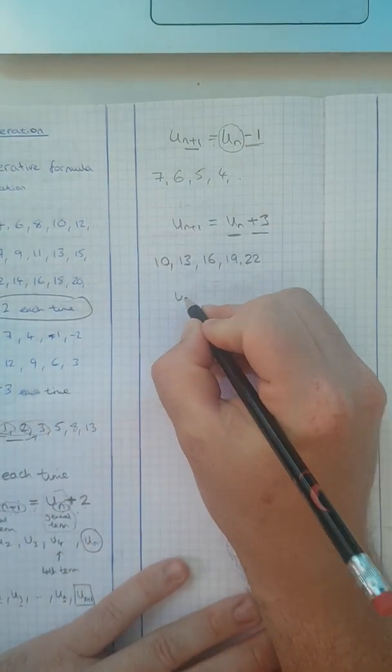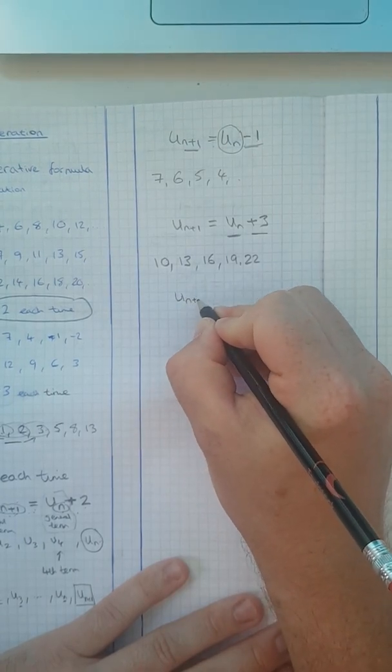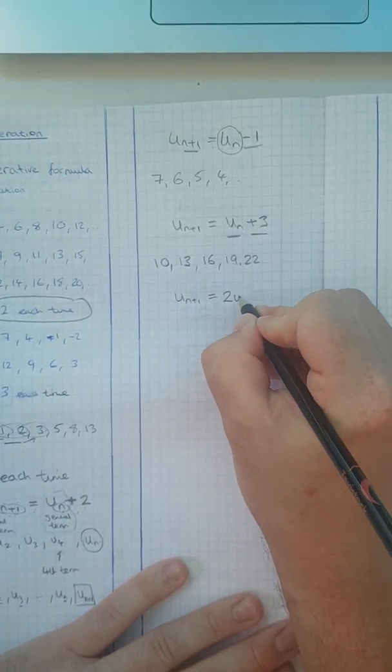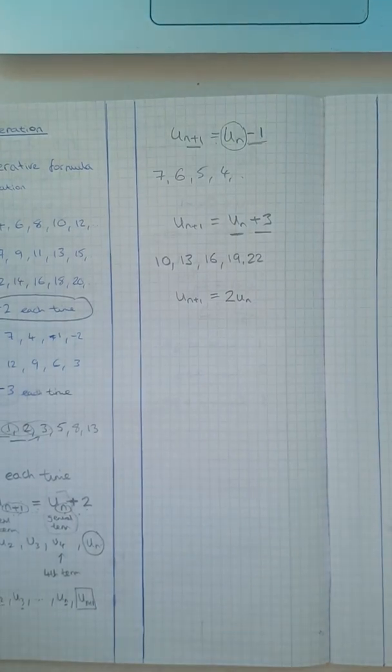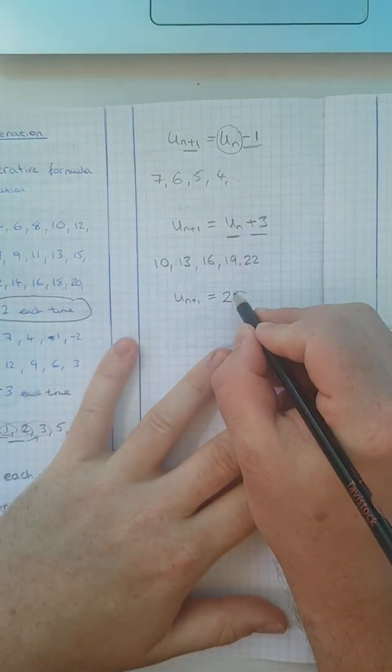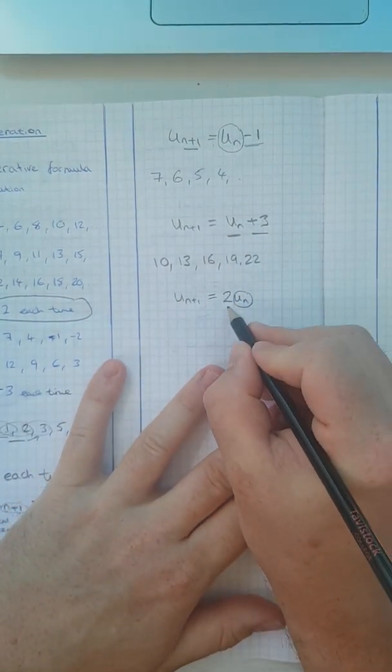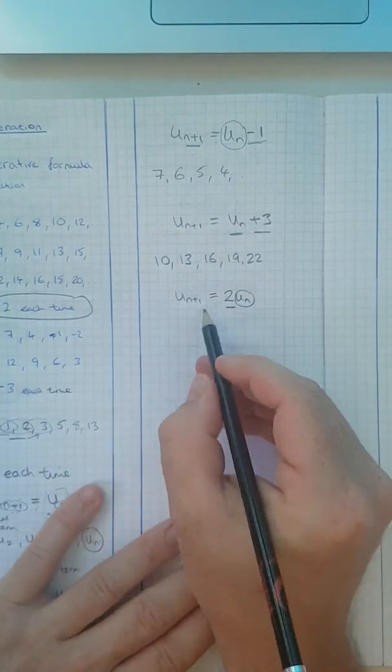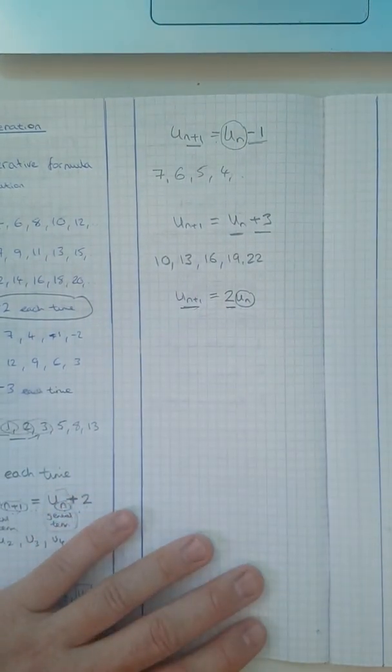Let's try another one. What does this one mean? Well, this one means you take any term in the sequence and you double it to find the next term.